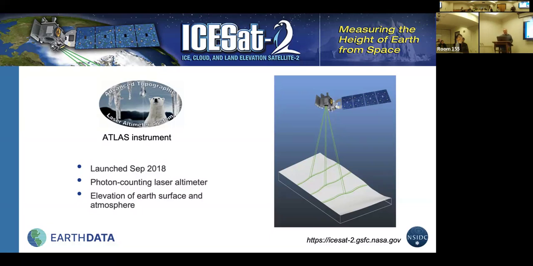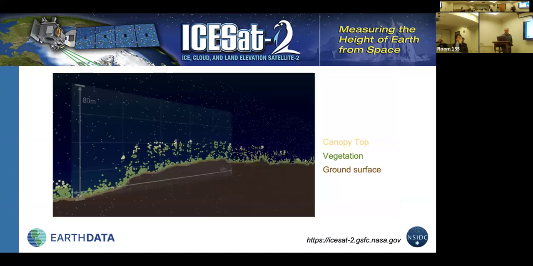And it's photon counting, which means it's sending out individual photons, and you can measure the actual photons, which can give you more information than just looking at it as a beam that bounces back. This is just an example, a vegetation example that I grabbed from ICESat-2, though I'm not exactly sure what this is.